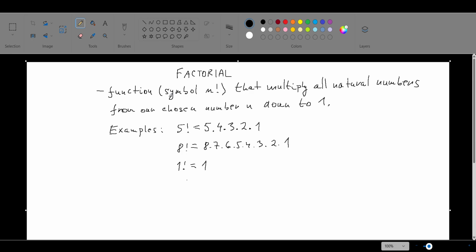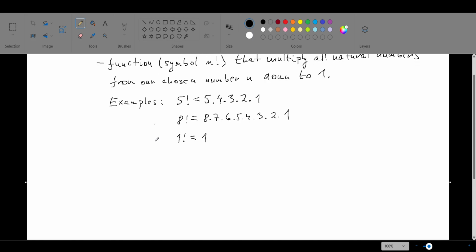There is one rule about factorial: you can write 5 factorial by using, for example, 3 factorial.